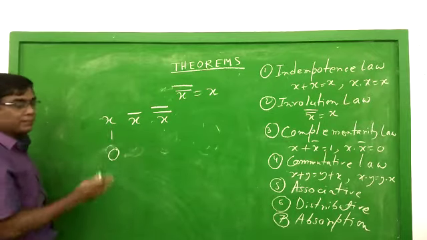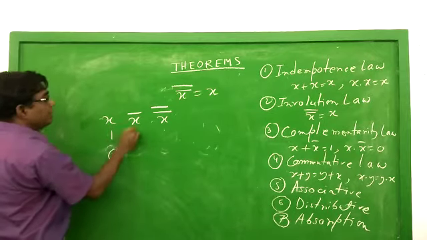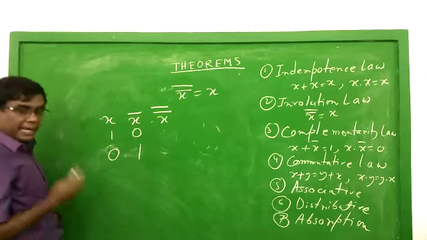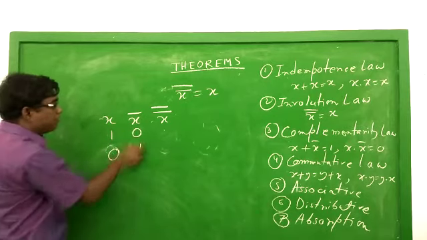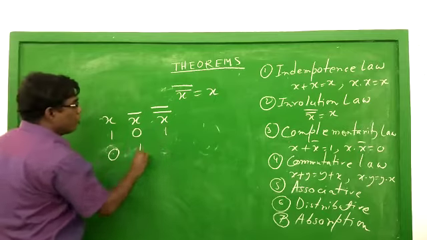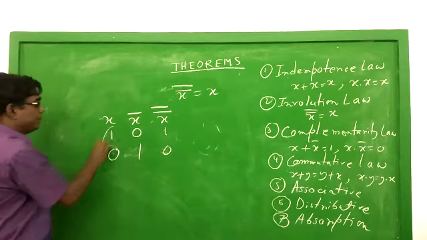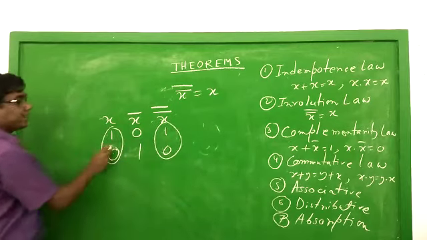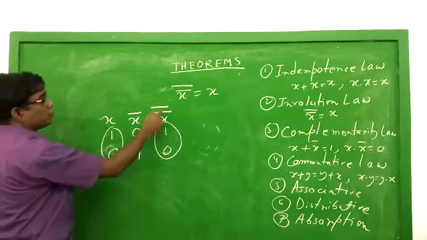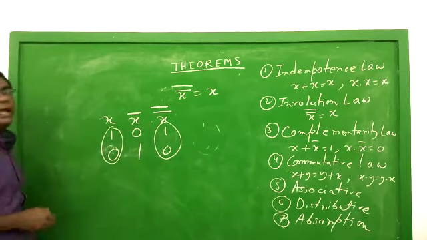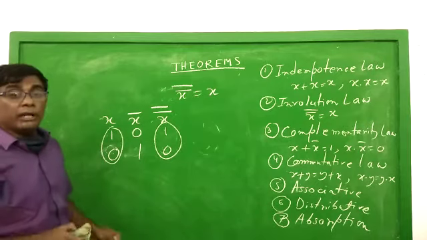X complement means opposite of x: 1, 0, 0, 1. Again we calculate the complement of this portion: 0, 1, 1, 0. The truth values of x and the double complement are the same, so we can prove x complement complement equal to x. This is involution law.